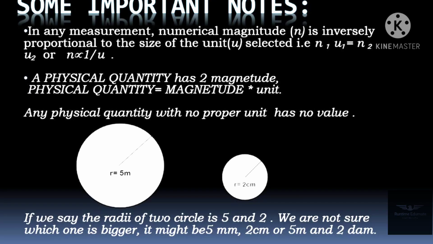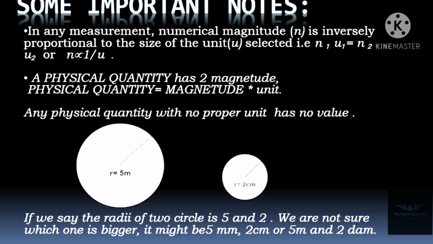Next, important notes. In any measurement, numerical magnitude is inversely proportional to the size of the unit. That is, n1 u1 is equal to n2 u2. So it is in terms of very difficult English. In simple terms, we can say that in any measurement, the numerical value is inversely proportional to the size of the unit. For example, 1000 meter is equal to 1 kilometer.